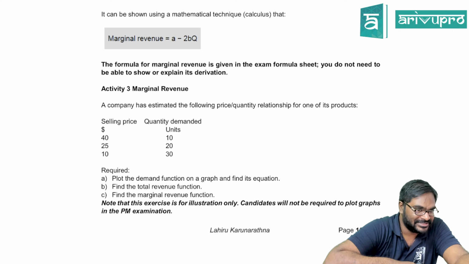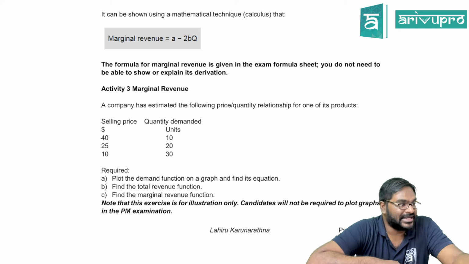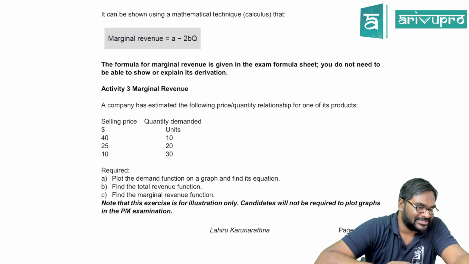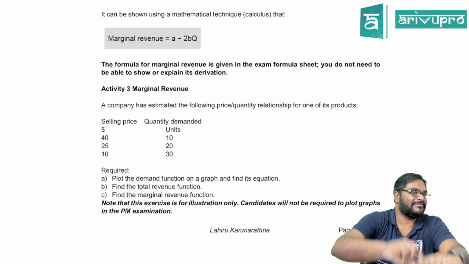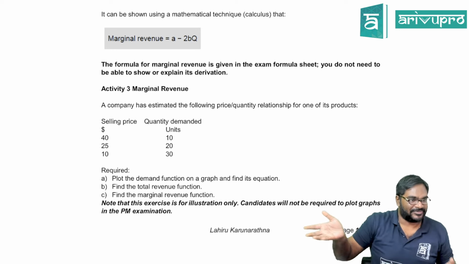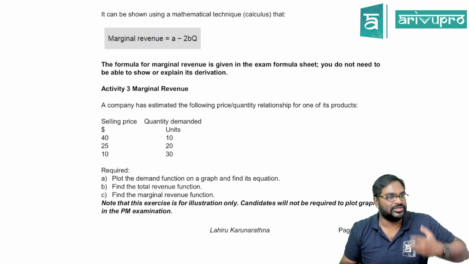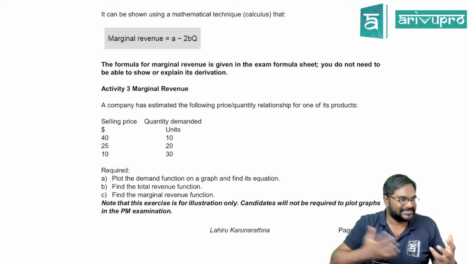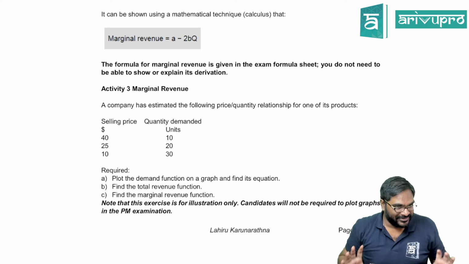Are we okay? But they are not asking for the price equation, they are asking for the revenue function. So to derive the revenue, what should you do? Multiply the price function by the quantity, isn't it? The price function gives you the unit price. So if you want the total revenue value, just multiply it by the quantity again. Agree?